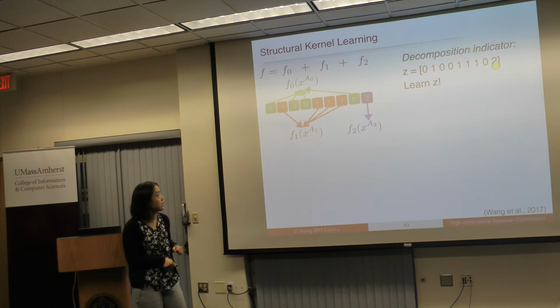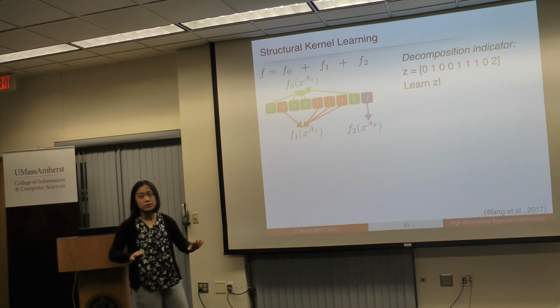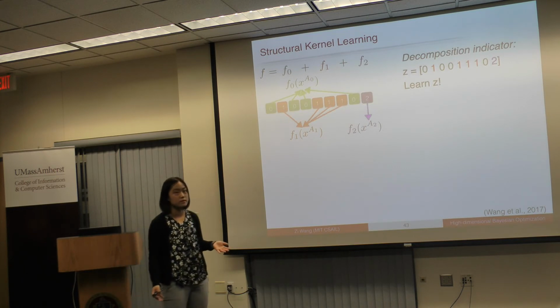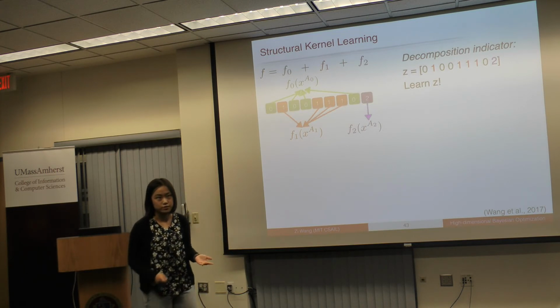And because the last coordinate belongs to f2, we fill in 2 as the last coordinate of z. So the question is how we can learn this particular vector z.